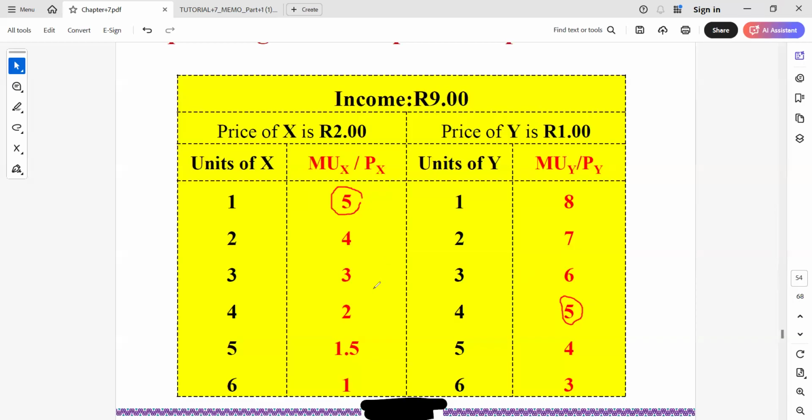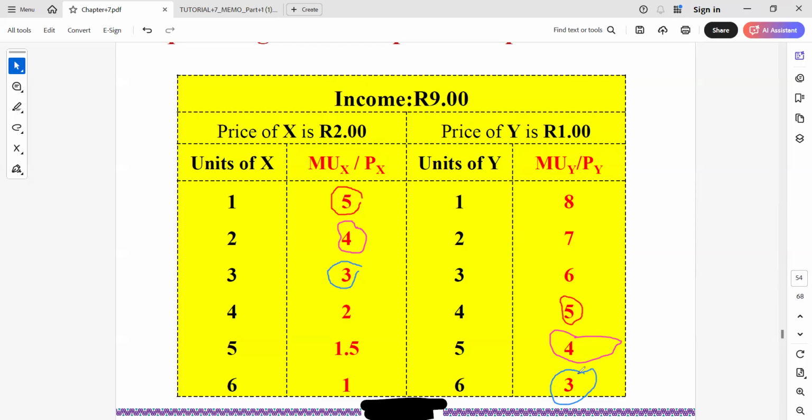Also, we have 4 here and 4 here. And then I think this is where your marginal utility per rand is equal: 5, 5, 4, 4, and 3. Then you have your 3 here, and then you have your 3 here.